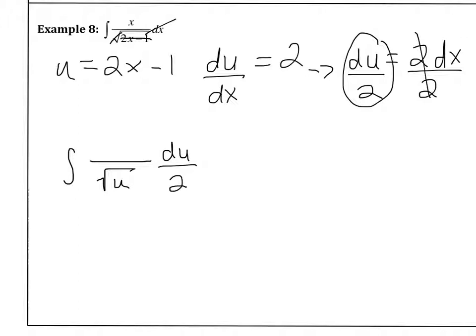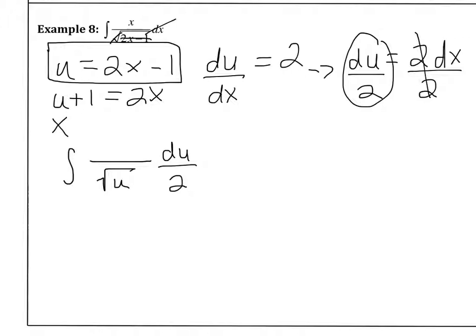And not all is lost, because all we need to do is look back to this definition right here. Let's add 1 to both sides, and then we'll divide both sides by 2. So therefore, x is equal to u plus 1 over 2.